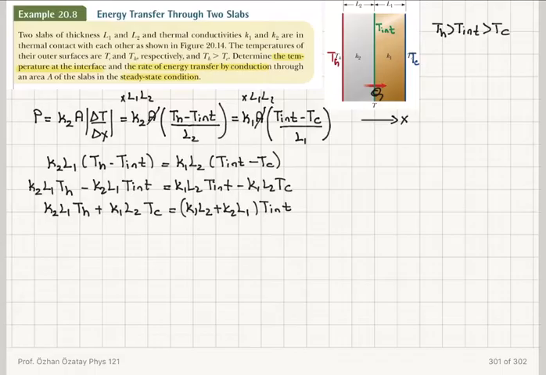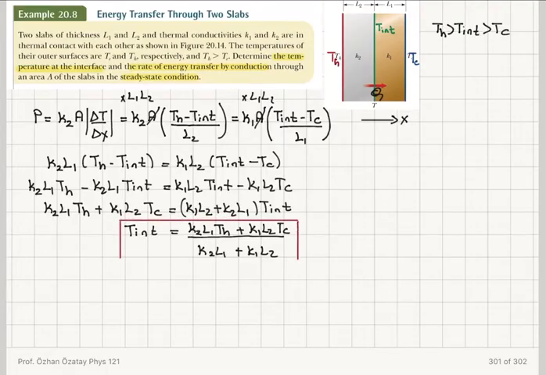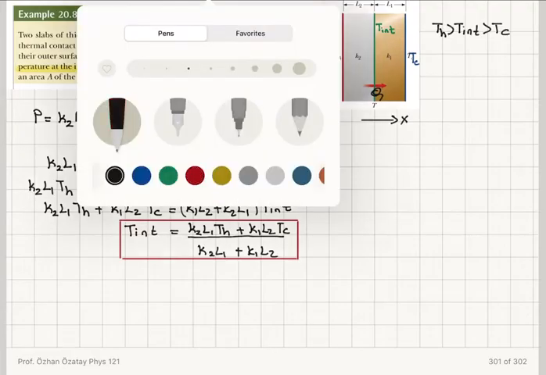So basically I can solve for the intermediate temperature. It's going to be equal to (K2 L1 T hot plus K1 L2 T cold) divided by (K2 L1 plus K1 L2). So this will be the intermediate temperature at the interface between the two samples.